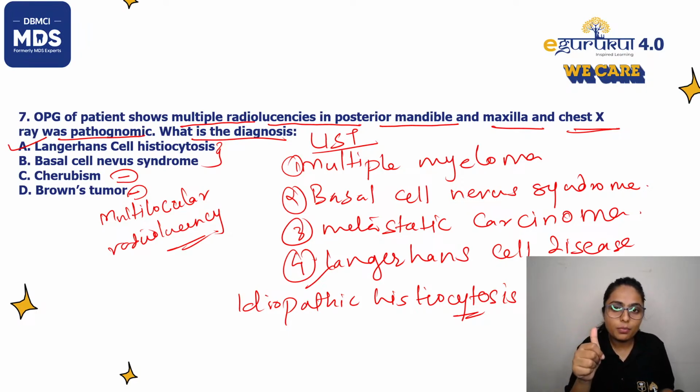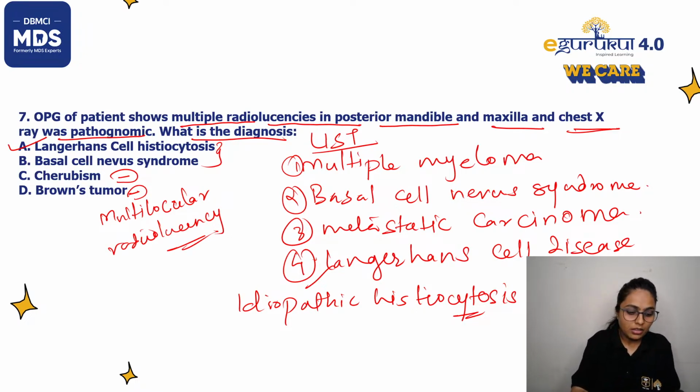Basal cell nevus syndrome has multiple odontogenic keratocysts, but there is no lung involvement as such. Yes, there is a bifid rib there, but lung involvement is specially seen in Langerhans cell histiocytosis.